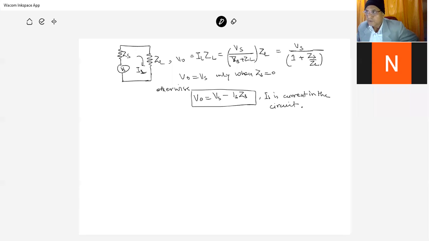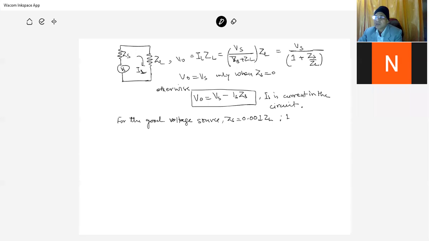So for a good voltage source, this ZS is very, very small, you can say 0.1 to 0.1% of ZL, 1 to 1.